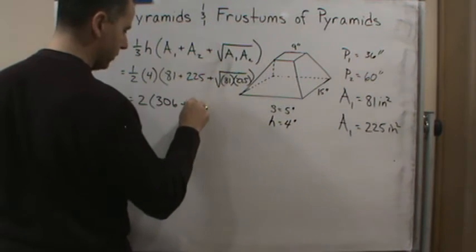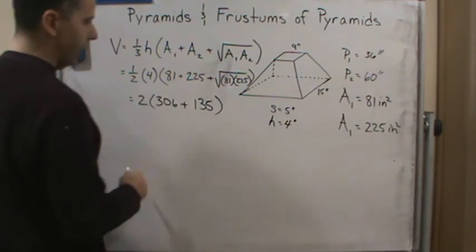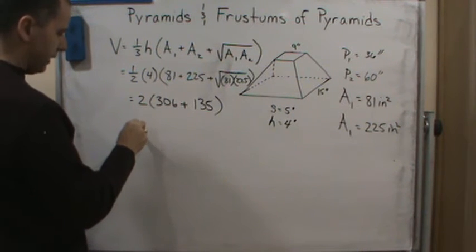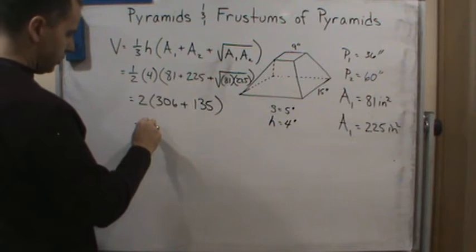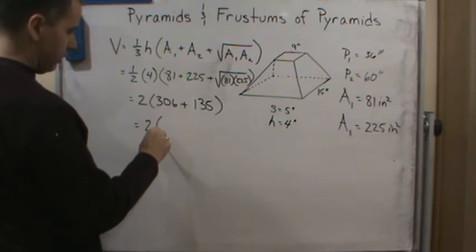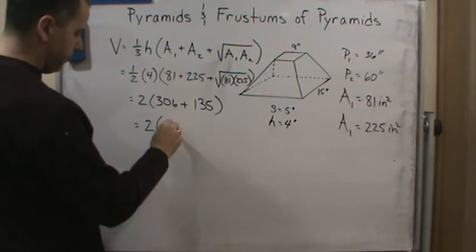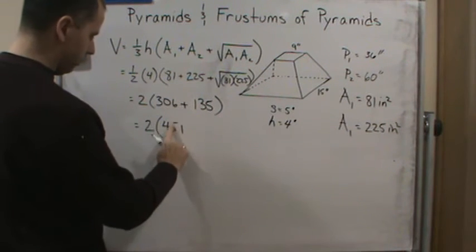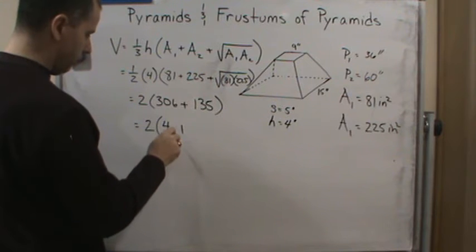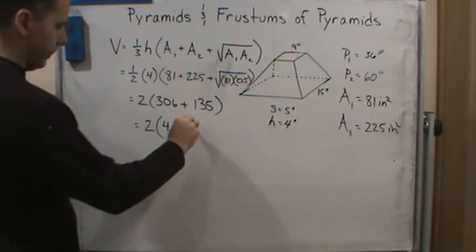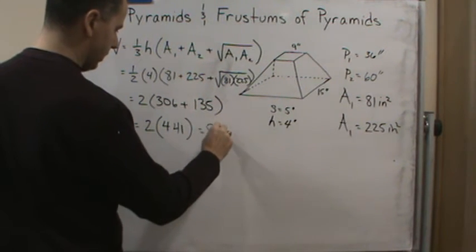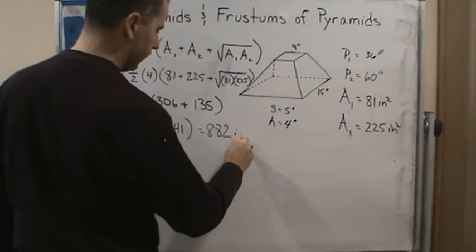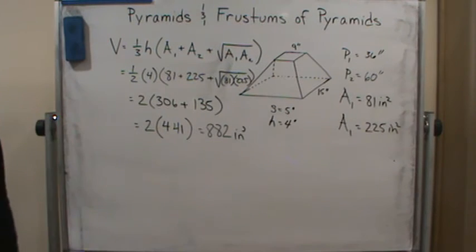Again, just put this in your calculator. Then you get 2 times, not 451, 441, which gives you 882, and this is in cubic inches, right?